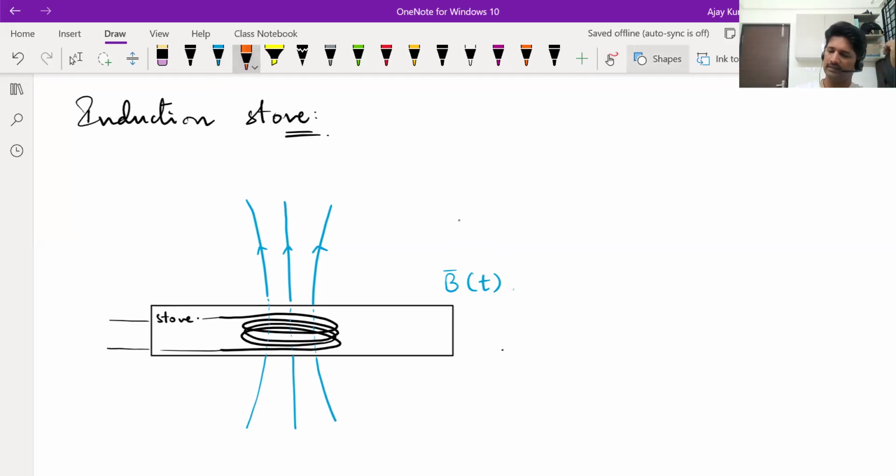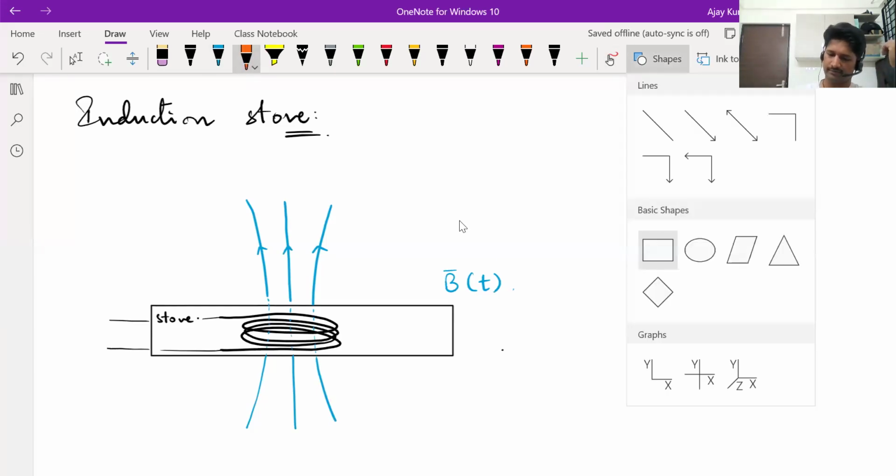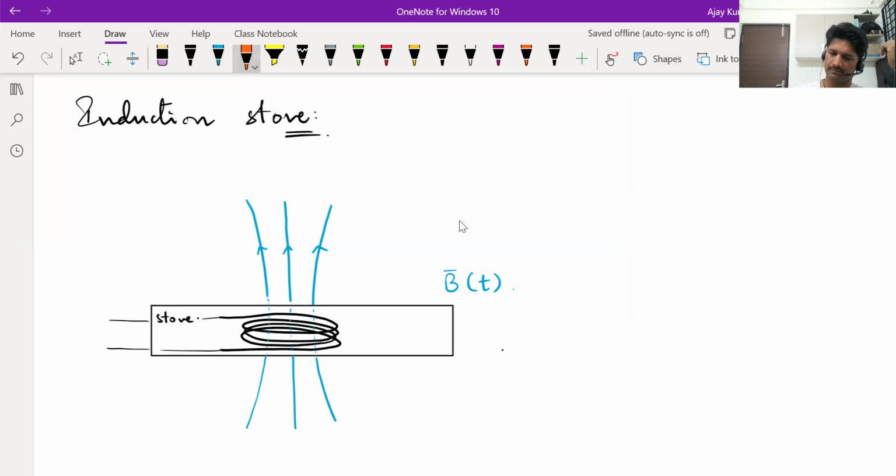Now, when you put a conducting plate on it, what will happen? That conducting plate is in the presence of a time varying magnetic field.